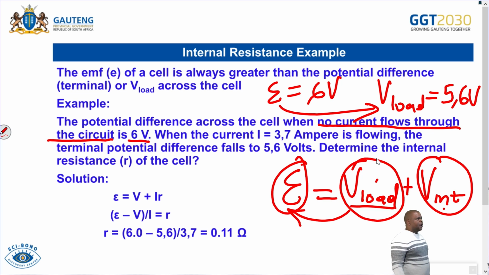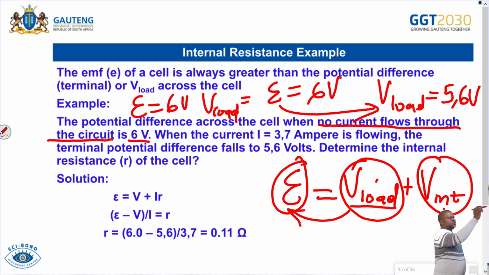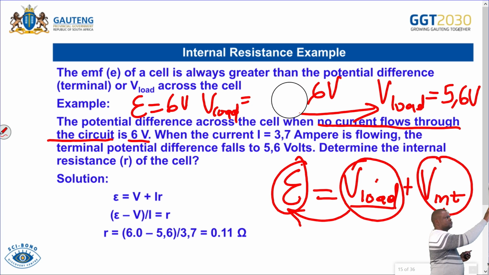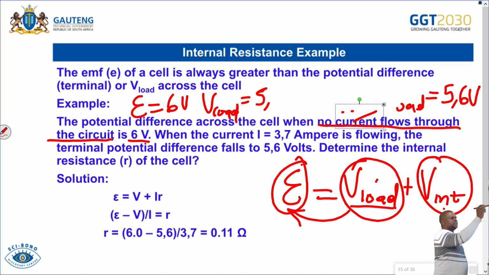Yes. And then the formula. When we look into our formula, the first thing we remember is that with any calculation we must start with the given data. We write down the given data. What are we given, grade 11s? We're given that E is equal to 6 volts and V load is equal to 5.6.